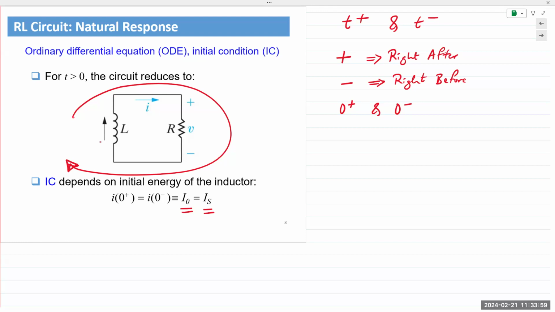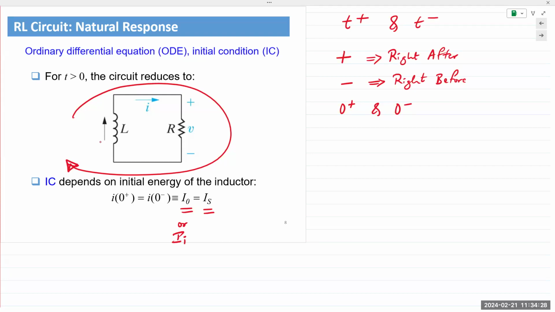So the value of the current to the inductor at 0 plus, which is right after the switch is flipped, is exactly the same as the current right before the switch was flipped, which is 0 minus. And we refer to that as I0, the initial value of the current. And that's equal to the maximum value, which is the source current IS.